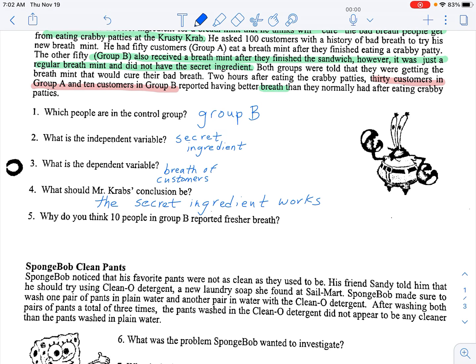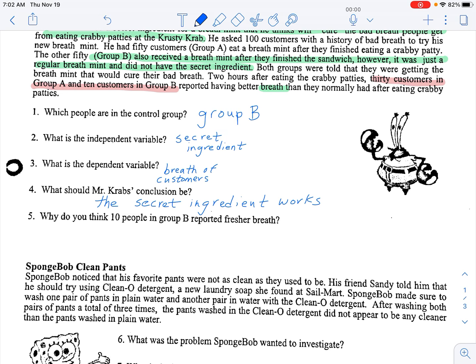Question 5 asks you, why do you think 10 people in Group B reported having fresher breath? Well, that's a great question. If you were in an experiment where you were given a breath mint and you were told that it was going to have a secret ingredient that makes your breath better, you may simply think, hey, I'm getting something new, my breath is going to be better.